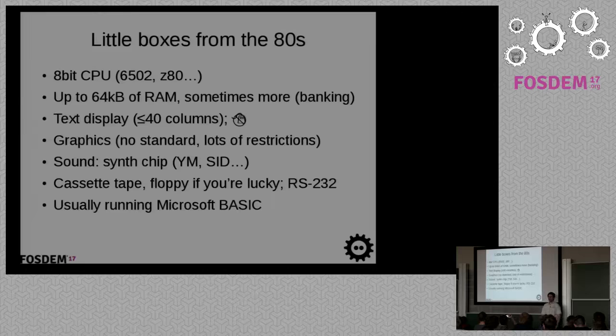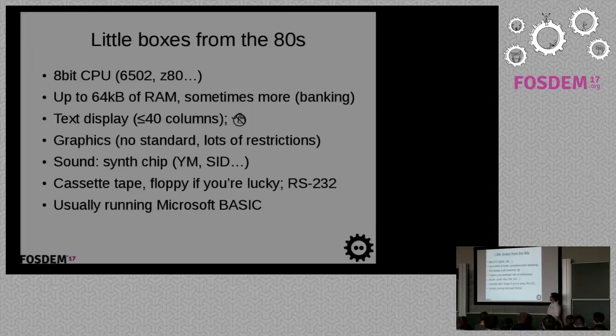Most of you probably know about the C64 from Commodore and other stuff like Apple II and many others. So basically those were small boxes with an 8-bit CPU, either 6502 or Z80, or there were many at the time before Intel took the whole market.